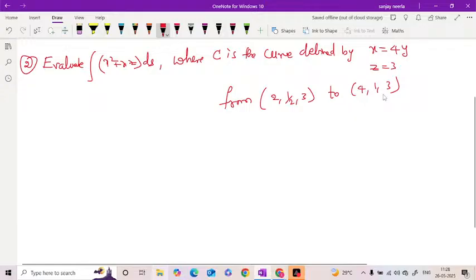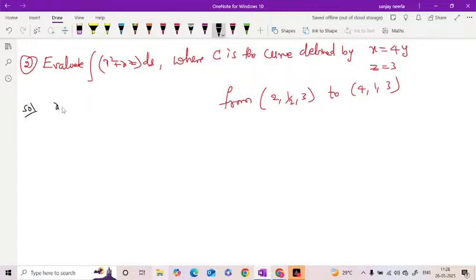Anyway, here we need the parametric form, because for Cartesian form we cannot calculate. So here I am taking the parametric form. Here x is equal to 4y, so I am assuming x is equal to t. After taking x is equal to t, what is the y value? Our y value is 1 by 4 into t, and z is equal to 3, directly given.